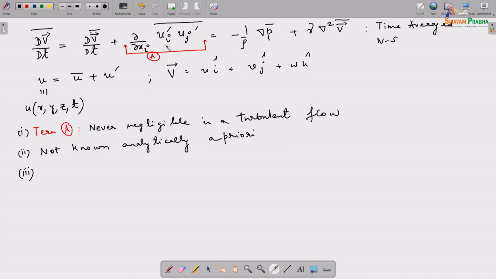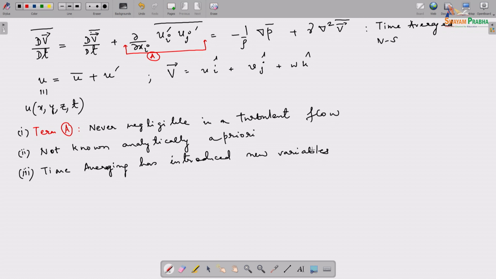We didn't have this previously. So if I may write that down, time averaging has introduced new variables, right.